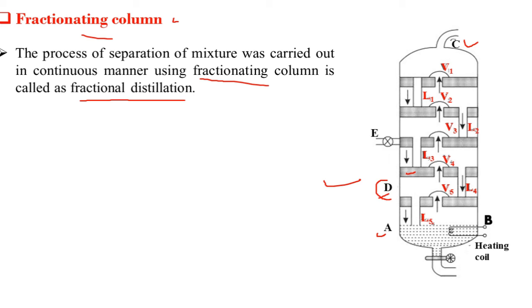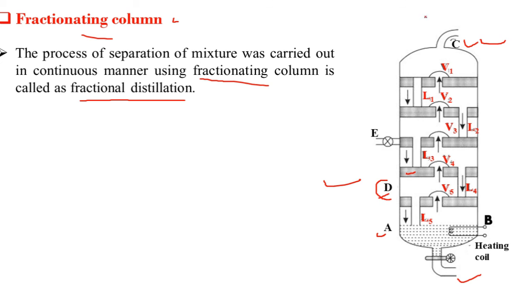Finally, the vapors saturated with the more volatile component are fed to the condenser to get the more volatile component in a pure state, and the less volatile component is removed from the bottom of the tank.